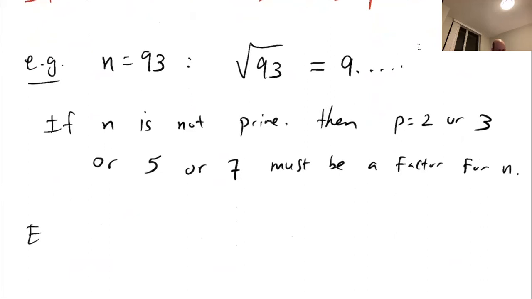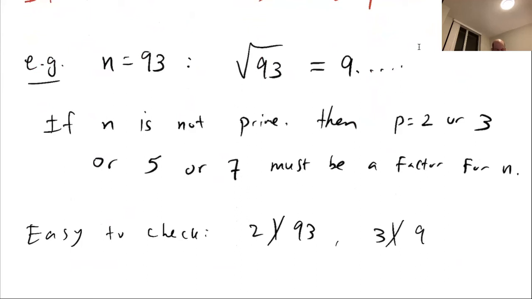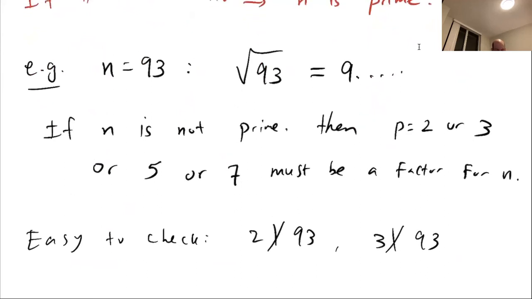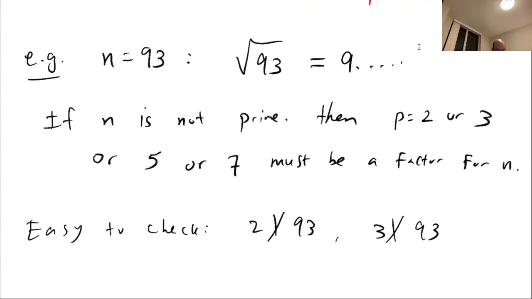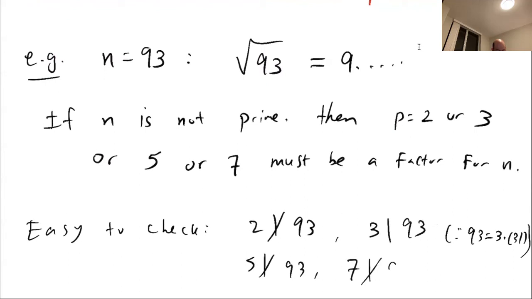So easy to check: 2 does not divide 93 because 93 is not even. 3 divides 93, because 93 is 3 times 31. 5 does not divide 93, and 7 does not divide 93.